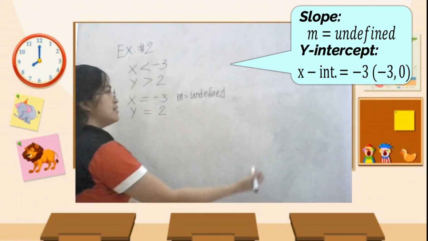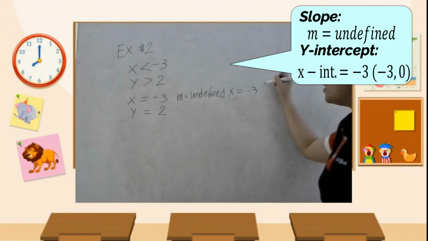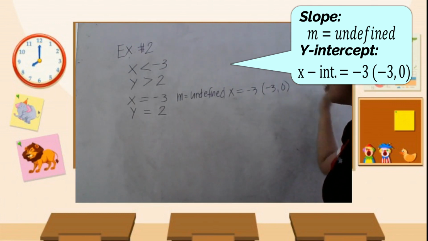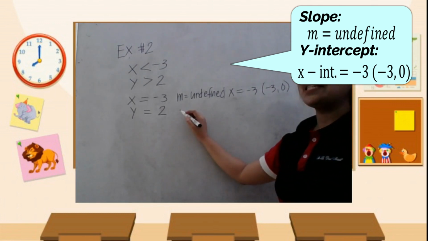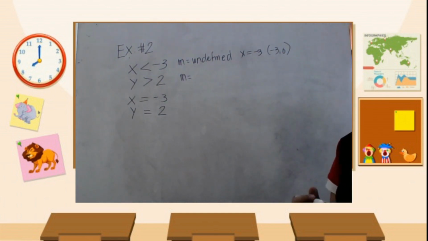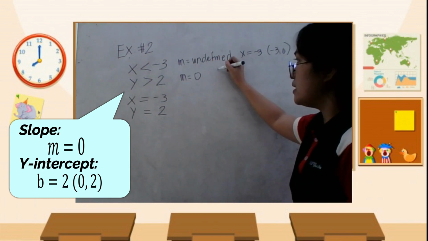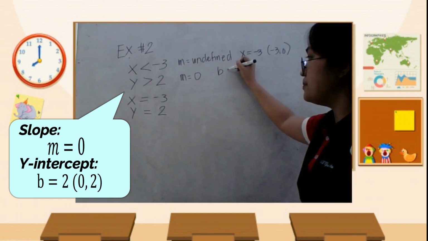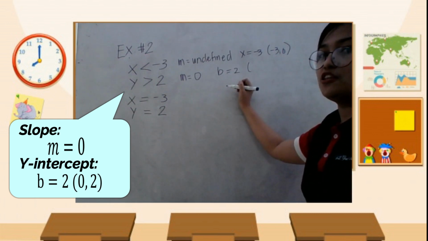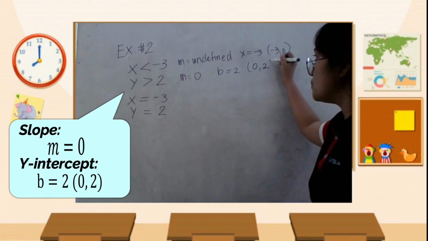And then, the x-intercept would be negative 3, which having the point negative 3 and 0. While on y is equal to 2, the slope m is equal to 0, and then the y-intercept, or the b, is equal to 2, so the point would be 0 and 2.